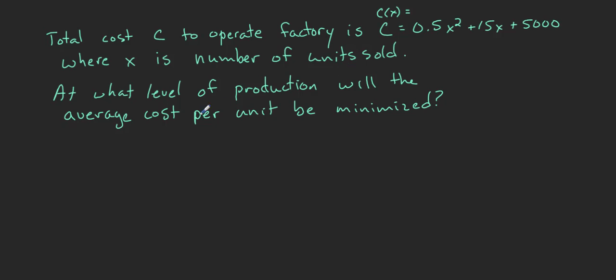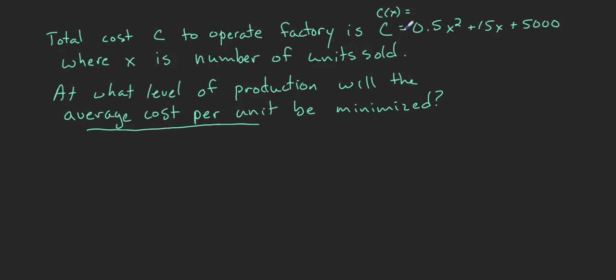Remember, just in case. At what level of production, that means number of units, will the average cost per unit be minimized? If we're minimizing something, that means we're taking the derivative. Taking the derivative of what? The average cost.